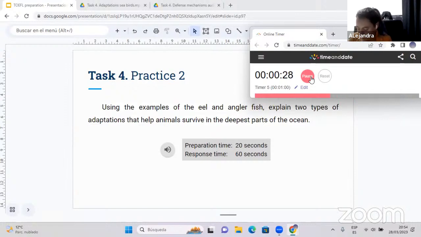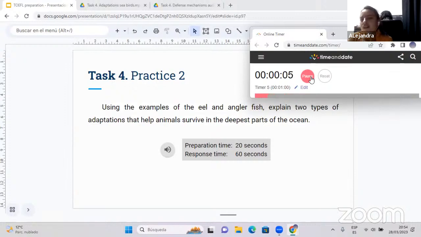Also, then she explained about light that attracts other fishes to the lights and can eat them, like the anglerfish. That's all.